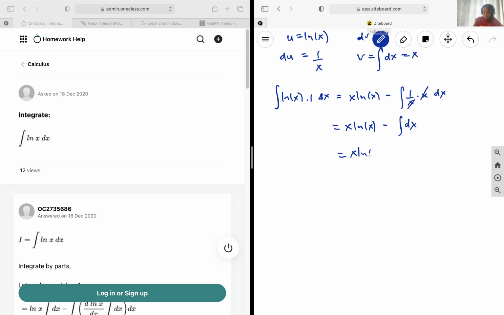And so that's just going to give us x ln x minus x plus c as our final answer. We can decide to factor out the x to get x times ln x plus 1, all plus c. Sorry, minus 1. Just a little error here. Okay, and that's going to be it for this question.